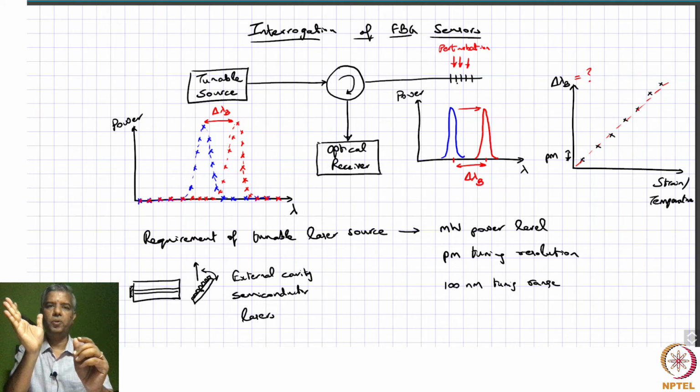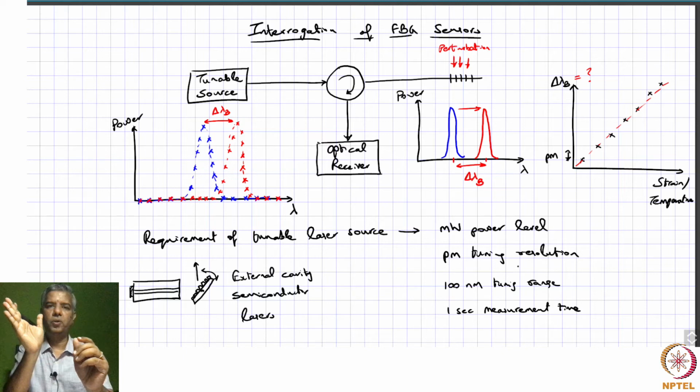We are talking about only a single sensor here, but we talked about the case where you can concatenate multiple sensors, and if that is the case, then you need to achieve 100 nanometer tuning range, and we want to achieve this in a certain measurement speed. Typically what we looked at was 1 second measurement time, right? Within 1 second you want to go across a 100 nanometer tuning range with picometer tuning resolution.